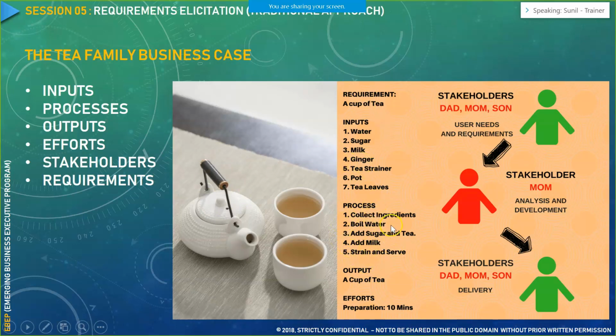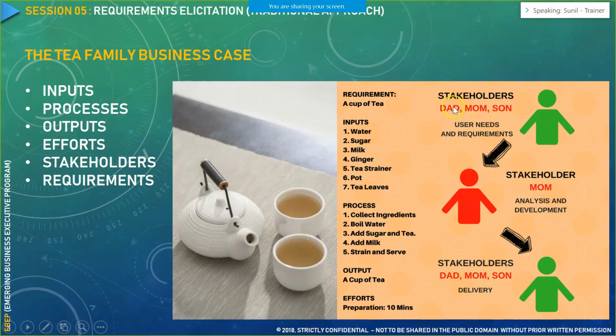After we have executed certain steps or processes, we get the final end result, which is called output. That is the cup of tea. And then there is an effort, which is preparation. The effort needed to collect the inputs from different stakeholders is tracked as effort. And finally, we deliver that cup of tea to the respective stakeholder.